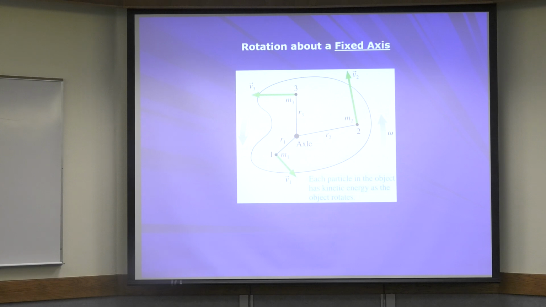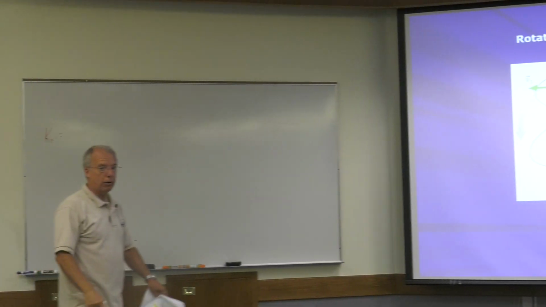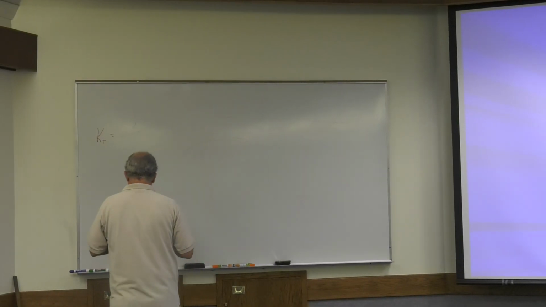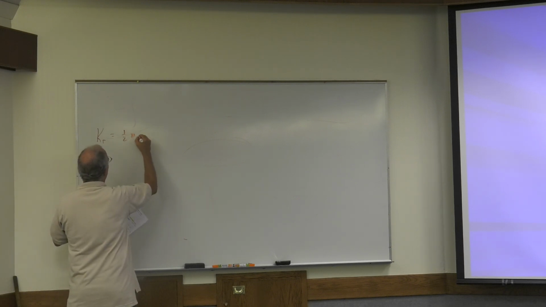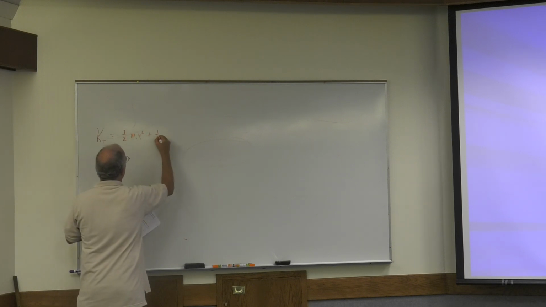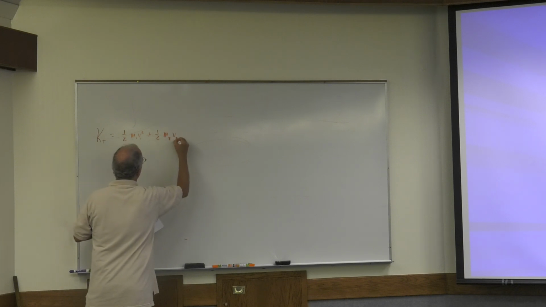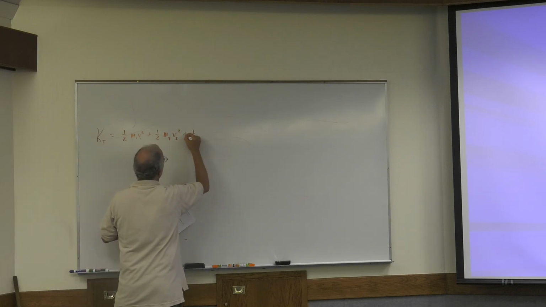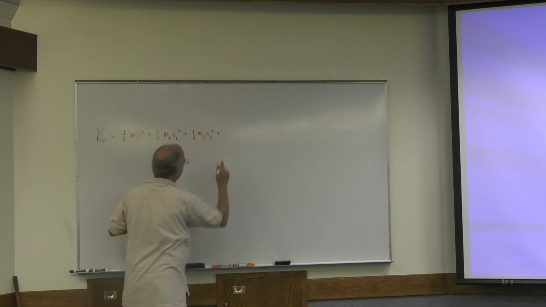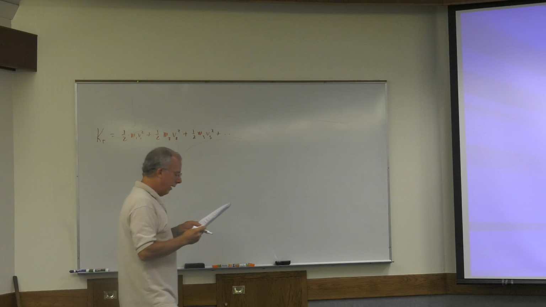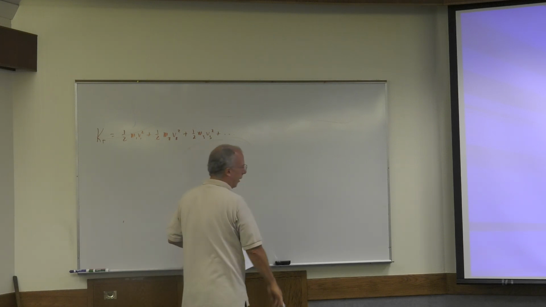So for the rotational kinetic energy, I'll put a little R here just so you don't get mixed up: 1/2 m1 v1 squared plus 1/2 m2 v2 squared plus 1/2 m3 v3 squared plus, and so on. Well, I don't want to write that all the time, it's too much trouble.